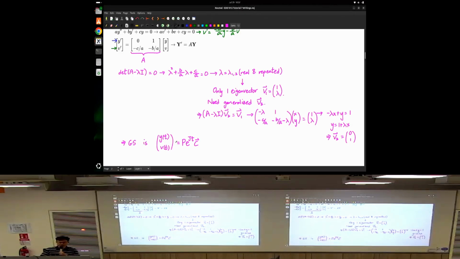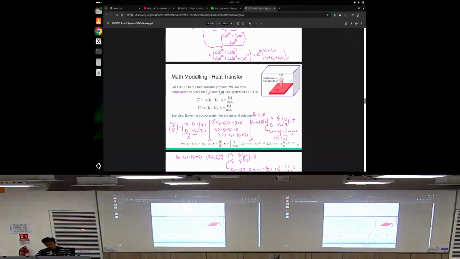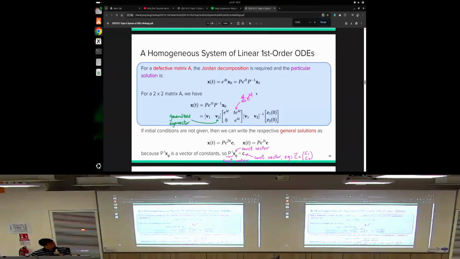In case you're wondering where this is coming from, it's from Topic 6. Our matrix A is defective, so you have to use Jordan decomposition: P times e to the Jt times, by right, P inverse times X naught.